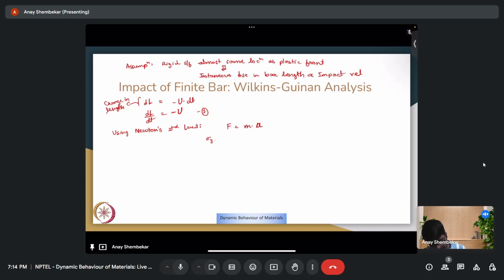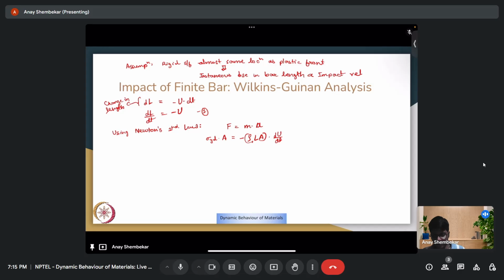So your dynamic yield stress times area can be written as rho, rho naught, L being the instantaneous length, A being the current area, into acceleration. So acceleration is du by dt.